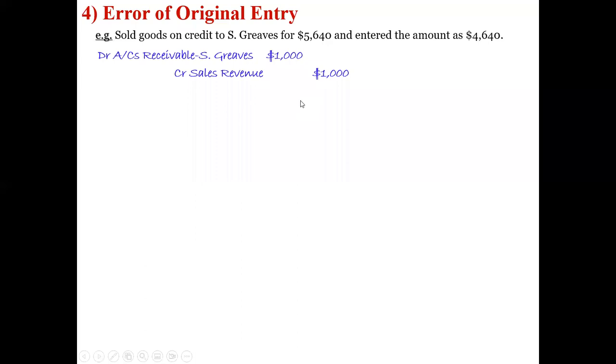Guys, the summary notes are there. I'm going to ask you to try and go through the others. And when we meet next week, we will pick up at number 5. Also, guys, please print worksheet number 2. Because after we are finished with errors, in the first part of the course, we are going to go to adjustments, which is going to be the big question that you have to do in your midterm.